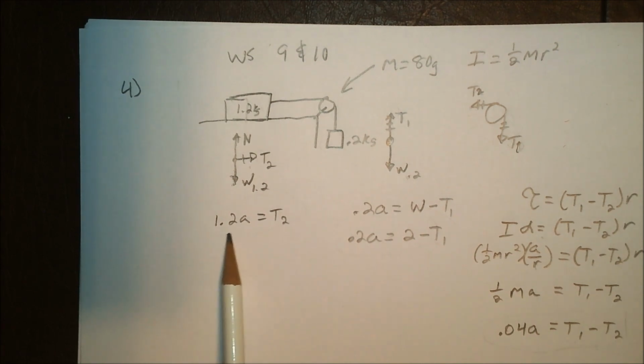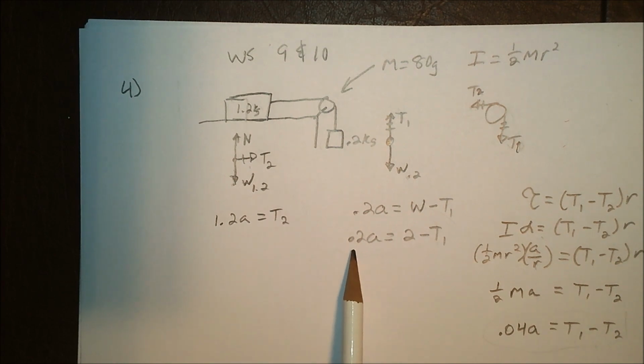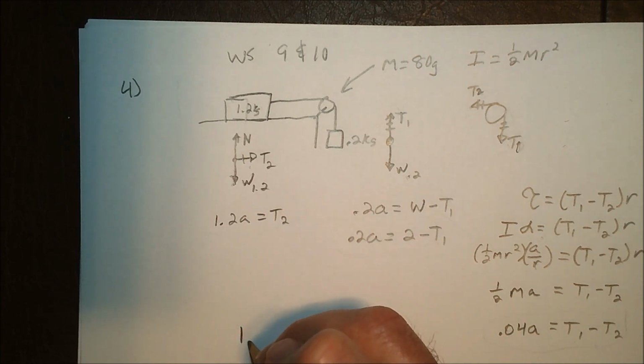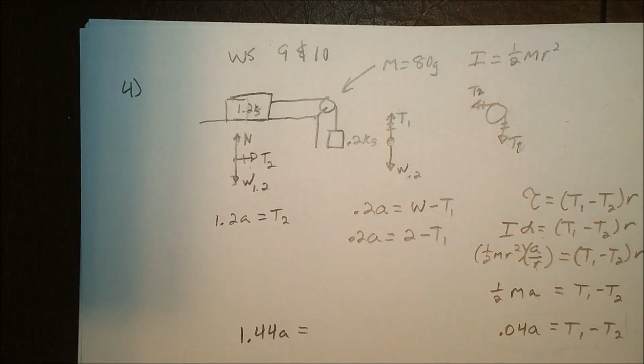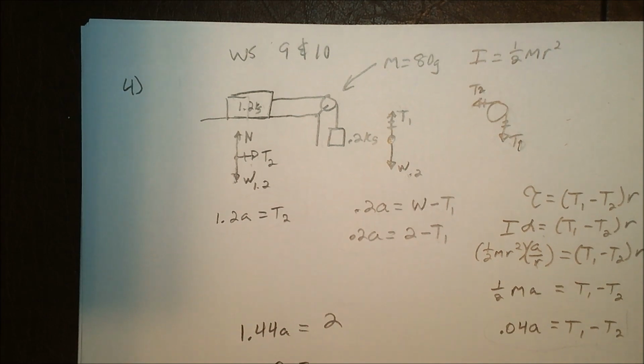And so I have 1.2A plus 0.2A, that would be 1.4A, plus 0.04A, so I get on the left-hand side 1.44A equals, and then on the right-hand side, as I said, the tensions cancel, so the only thing I'm left with is 2. And so then I can solve it for A, and when I do that, 2 divided by 1.44, I get 1.38 meters per second squared.